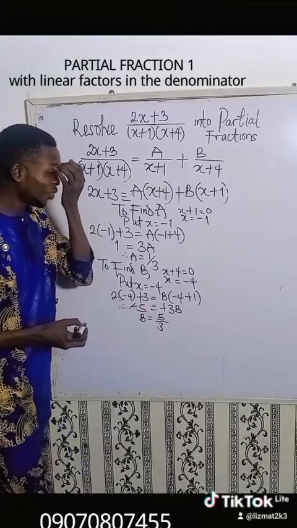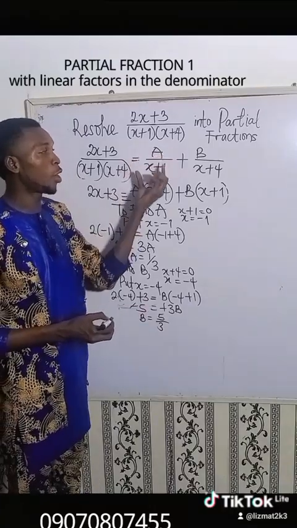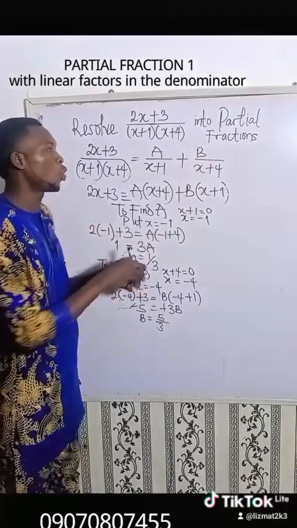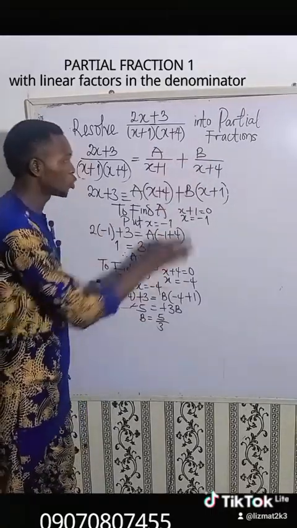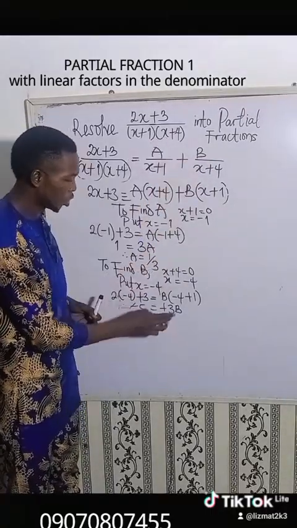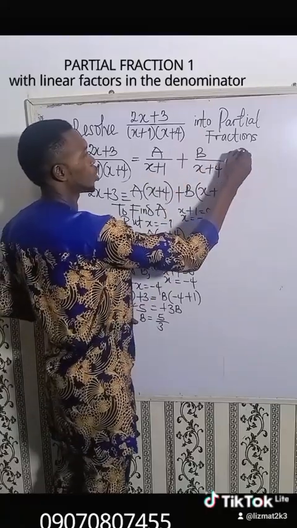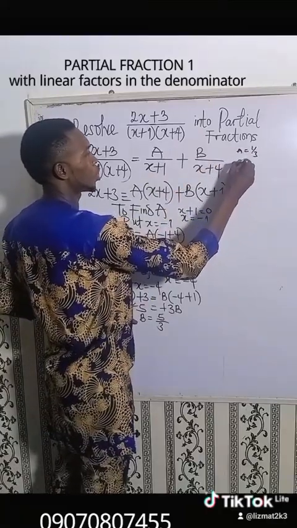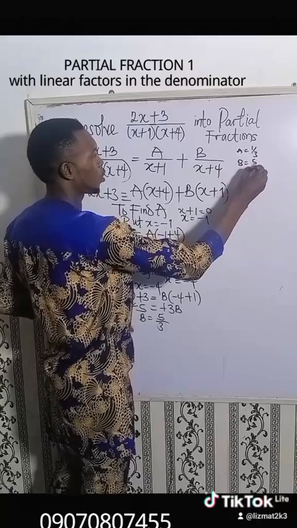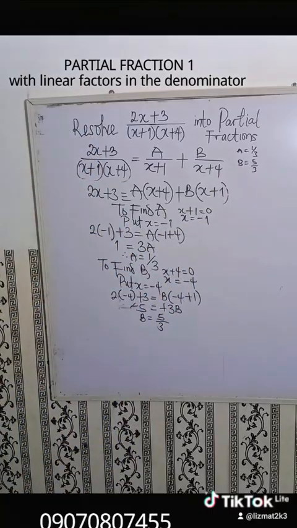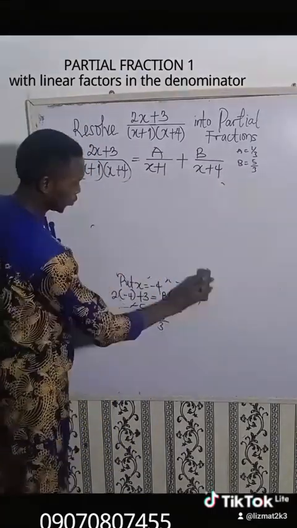Now, we have gotten the value of A, and I have gotten the value of B. So what will now be the partial fraction? I will substitute A as 1/3, and B as 5/3.